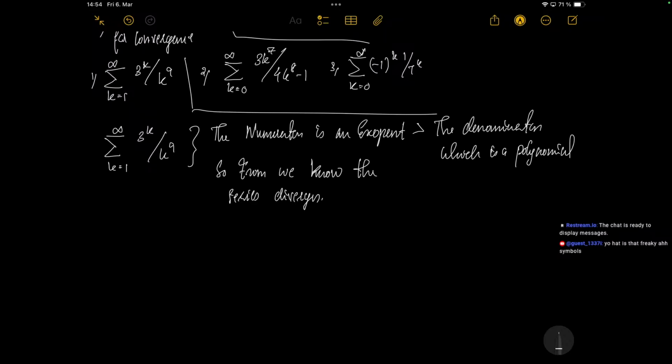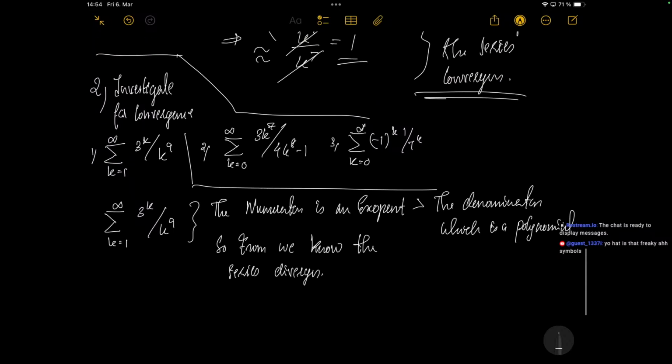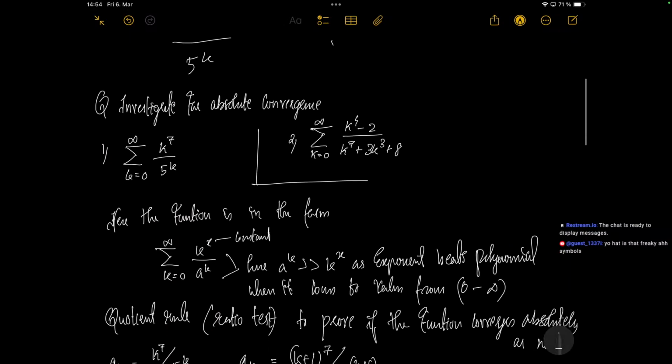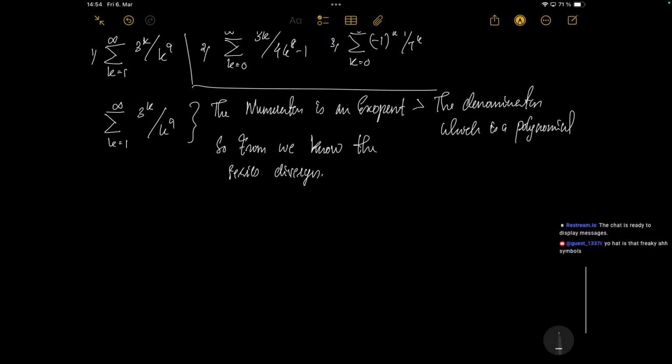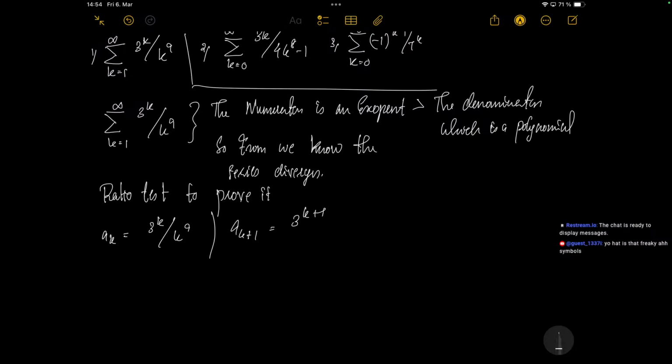But if you have to prove that, show the proof. How do I do it? The ratio test. Okay, let's do the ratio test to prove it. So ak equals 3 raised to k by k raised to 9, and ak plus 1 equals 3 raised to k plus 1 by k plus 1 raised to 9.